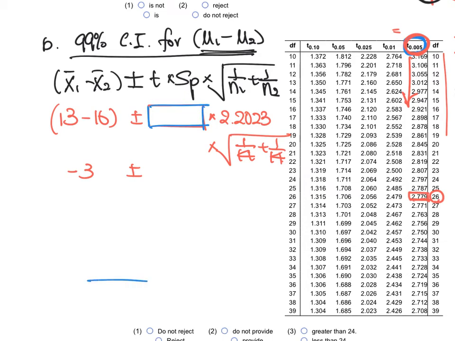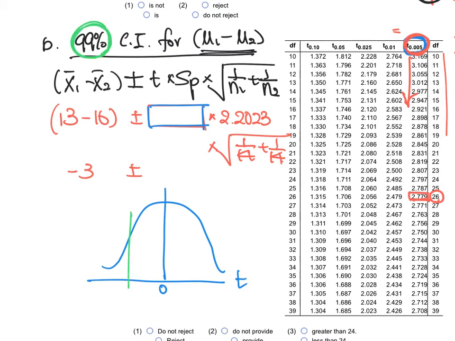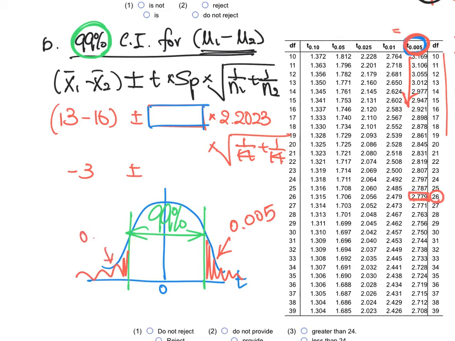Let me see. Before, when we took the t-score for the confidence interval, we plugged the confidence level just in the middle. Can you remember that? So in the middle, we put the 99%, then the right end will be 0.005, and the left end must be the other 0.005. So 0.005 on the left and right, together, will be the 1%.